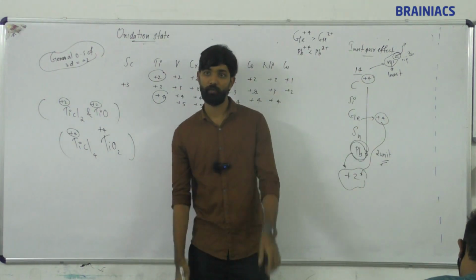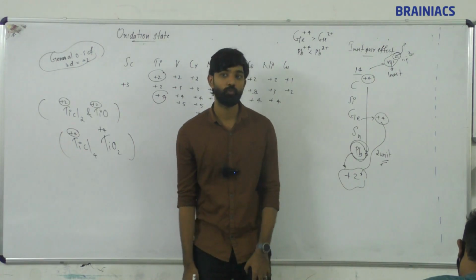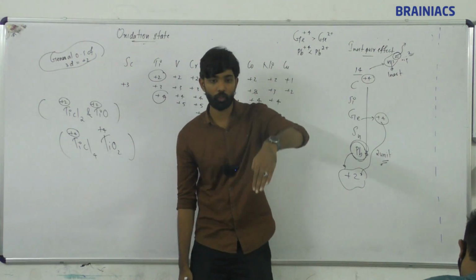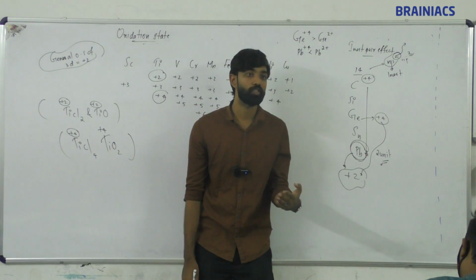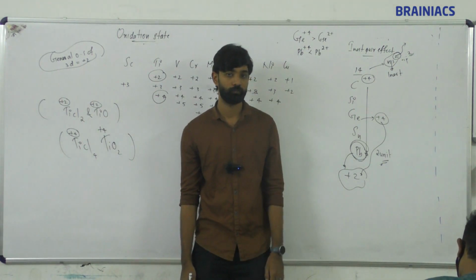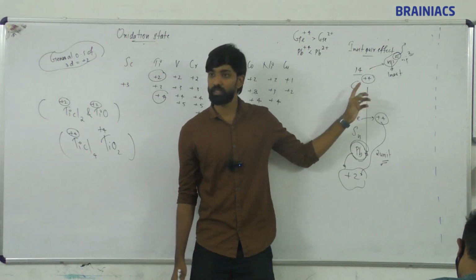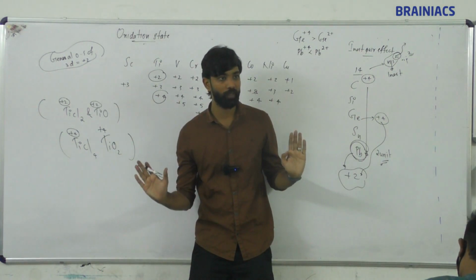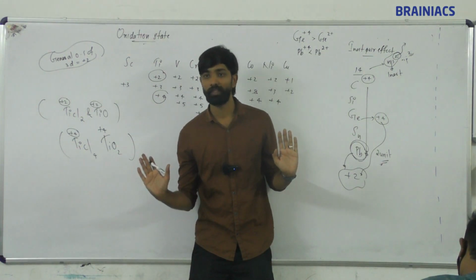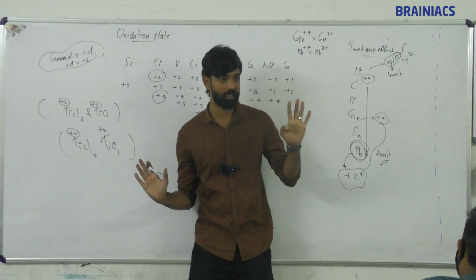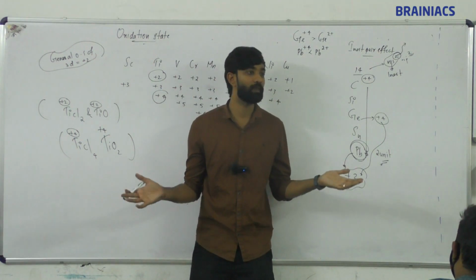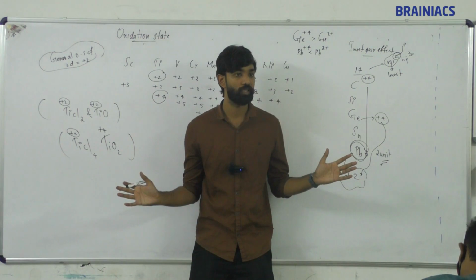In general, in the case of p block elements, on moving down the group, the tendency to show higher oxidation state decreases. Group oxidation state means the maximum possible oxidation state of that group. For example, for the 15th group elements, nitrogen, phosphorus, arsenic, antimony, bismuth, the maximum is +5, and that is the group oxidation state.